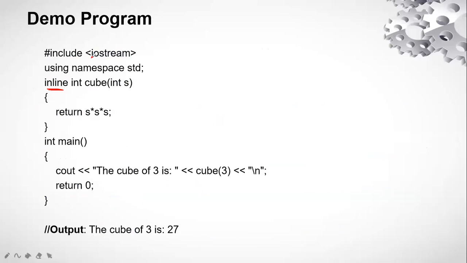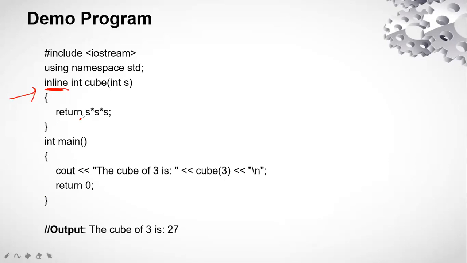Okay, so in a demo program, we write #include <iostream> and using namespace std. Inline, this is a function. You just see that this is a simple function. The only thing is we are using the keyword inline, which describes that this function is an inline function.